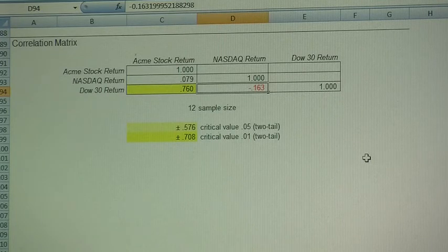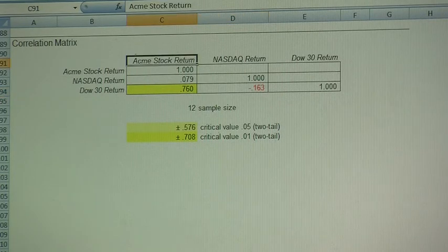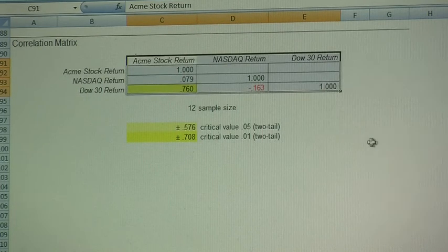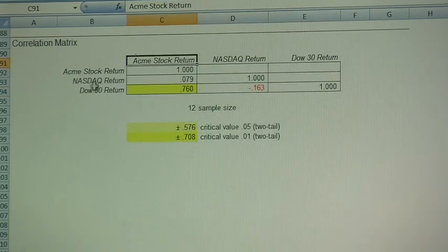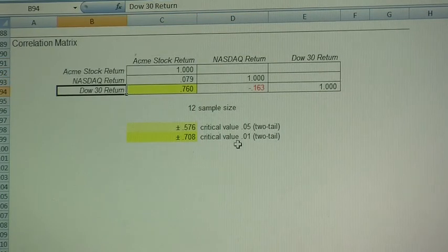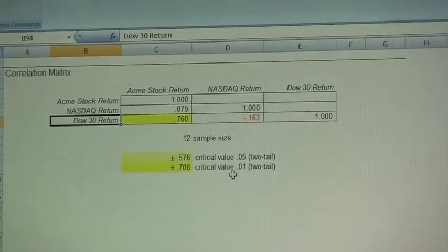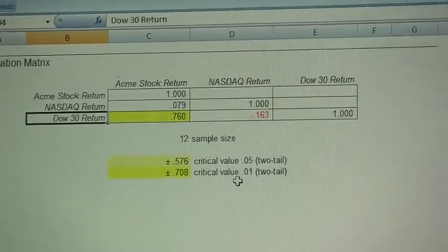So again, a real common thing that we do in the investment world, and something that you're likely to run into in MBA 540, is you'll be asked to assess whether a particular stock, in this instance Acme, would increase or decrease the diversification of a portfolio. And one of the ways that you do that is just by looking at the correlation matrix and the correlation of Acme with, in this instance, two other stock returns, or you could look at it compared to individual stocks as well.